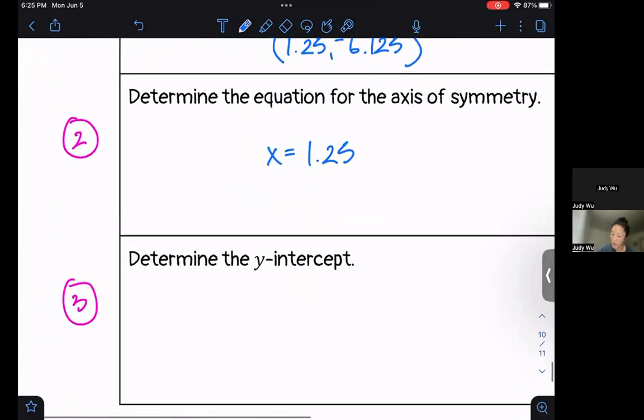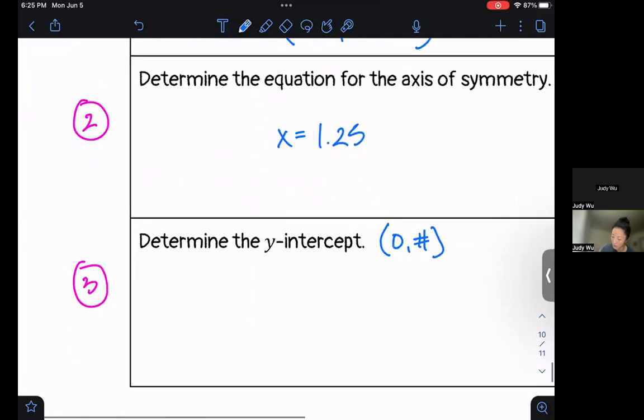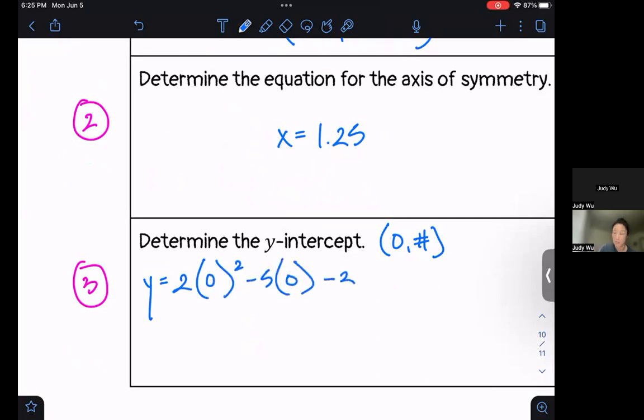All right, y-intercept. How do we find that again? We plug in 0 for x, we get a number out for y. So y equals 2, 0 squared, minus 5 times 0, and then minus 3. We crank through the numbers, we get -3, but that's not our intercept.